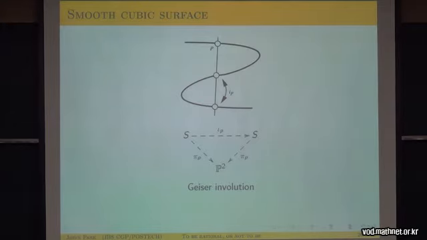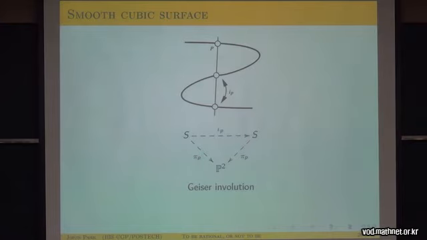So this map is generically a 2-to-1 map. 2 points go to 1 point. So you have the involution, so you can exchange the solutions. That is called the Gaussian involution of this cubic, okay?